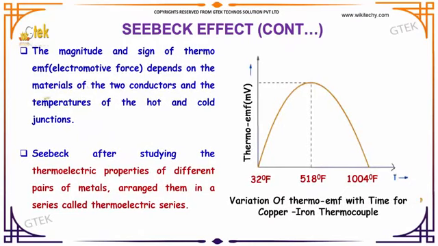The magnitude and sign of thermo EMF, that's electromotive force, depends on the material of the two conductors and the temperature of the hot and cold junctions. Seebeck, after studying the thermoelectric properties of different pairs of metals, arranged them in a thermoelectric series.